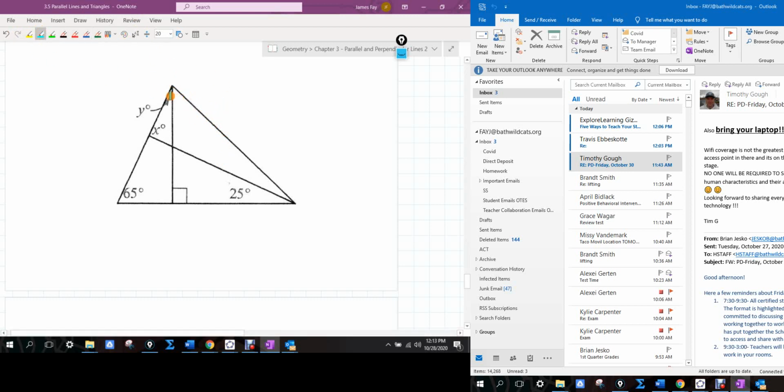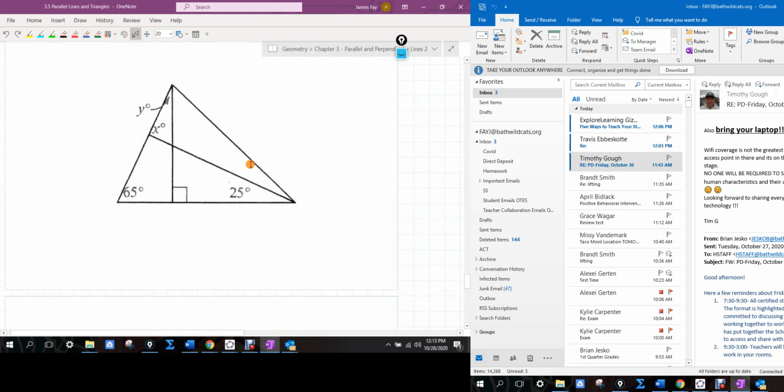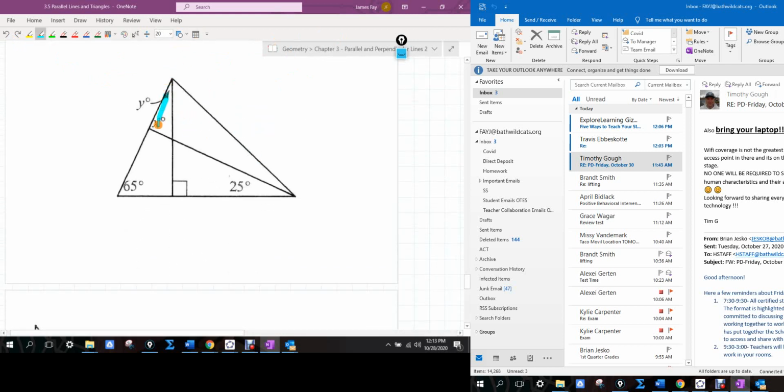Let's color these. Try to keep track. The big one? That's one, right? Is that one? Yes. Okay. Is that one? Yes. Okay, so now we're at 2, right? 3, 4. Is this one?